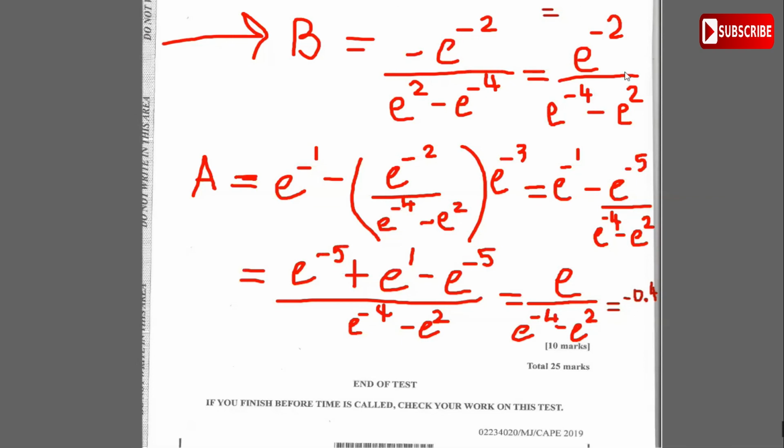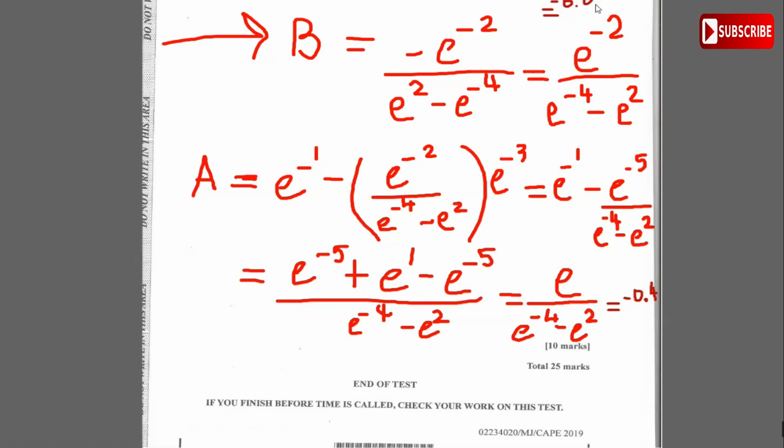And up here, I am getting e raised to the minus 4 minus e squared, and e raised to the minus 2 divided by the answer. I'm getting minus 0.018 for b.